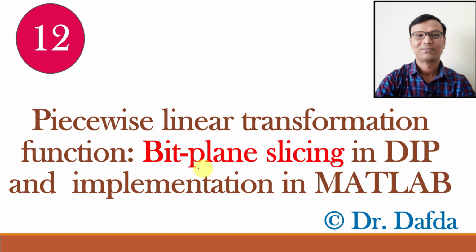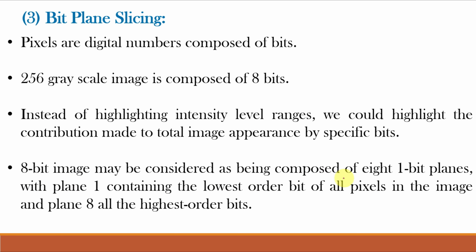In our 12th video class on bit plane slicing, we understood that an 8-bit image is composed of 8 1-bit planes, with plane 1 containing the LSBs of all the pixels, which have the least effect on the appearance of the image, and plane 8 containing the MSBs, which contain the most significant or highest order information of the image.